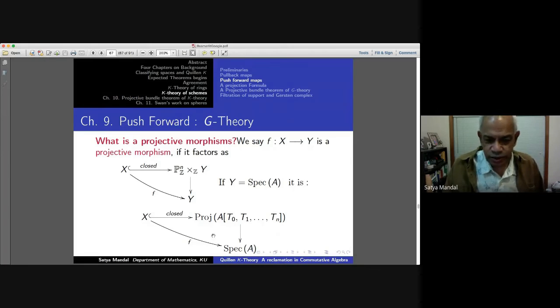Basically, it is just a closed subscheme of Pn over A, and a projective morphism from X to Y is extended this way.